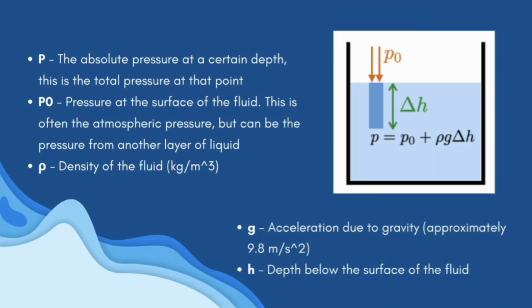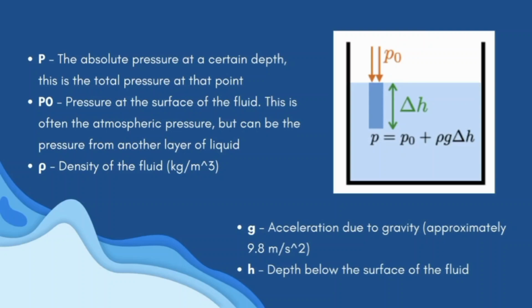Capital letter P stands for the pressure at a given depth, the total pressure experienced at a specific point within the fluid. P0 stands for the pressure at the surface, typically the atmospheric pressure acting on the fluid surface.